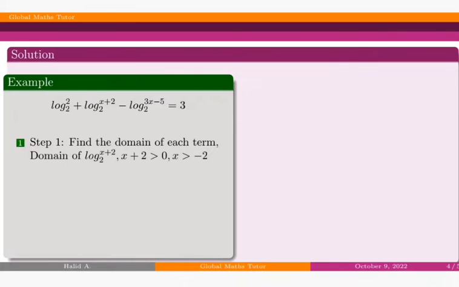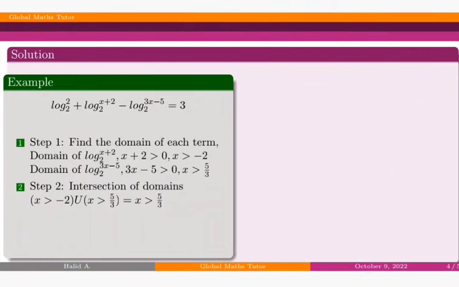Logarithm of x plus 2 to the base 2 has a domain of x plus 2 greater than 0. It means x must be greater than minus 2. The second, logarithm of 3x minus 5 to the base 2, has a domain where this expression must be greater than 0. It means x must be greater than 5 over 3.